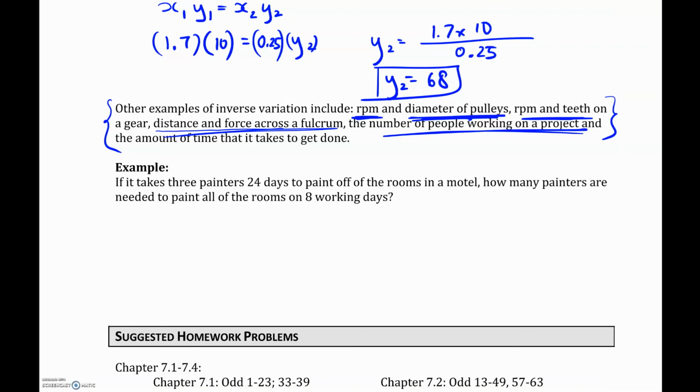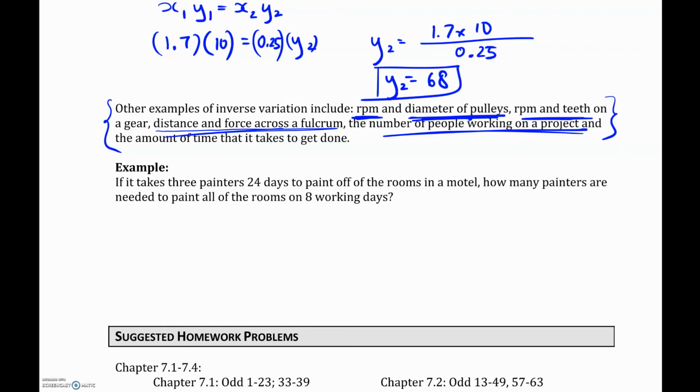Because if you have a job to be done, the more people on the job, it will take less time. As you increase the number of people, the time it takes goes down. So it has to be indirect, sorry. It can't be direct. As you increase your workforce, the number of people, then the time the job takes to be done goes down.